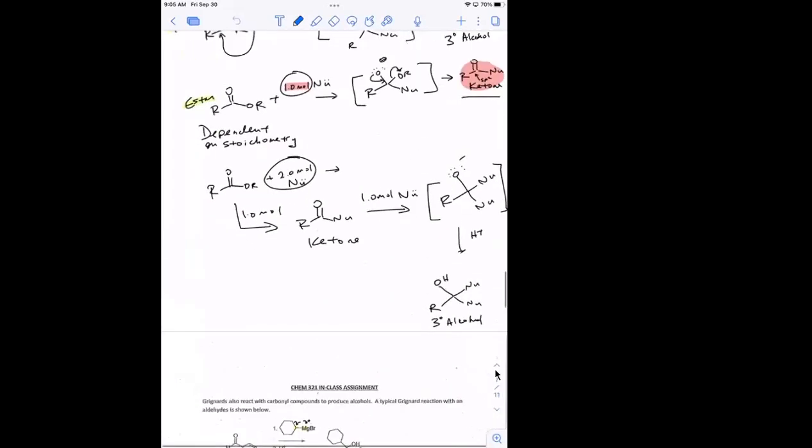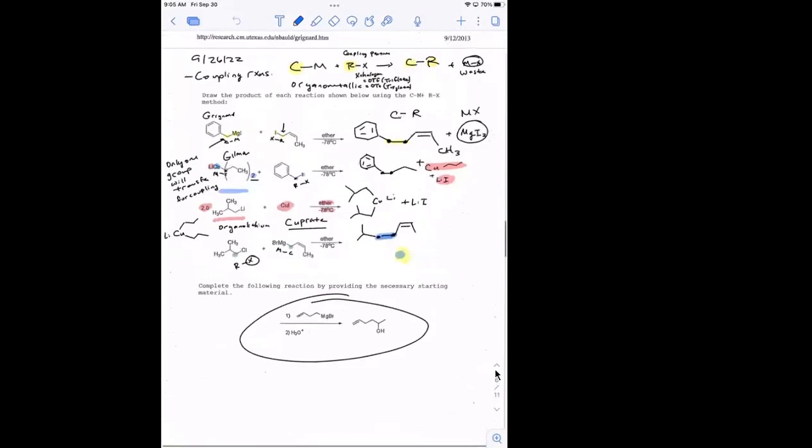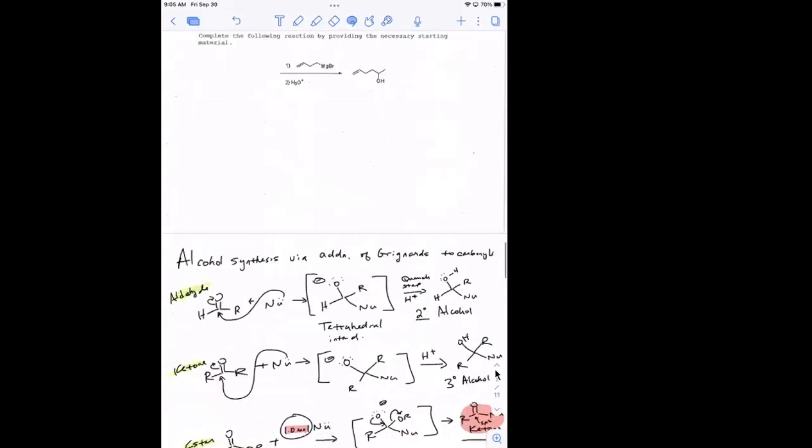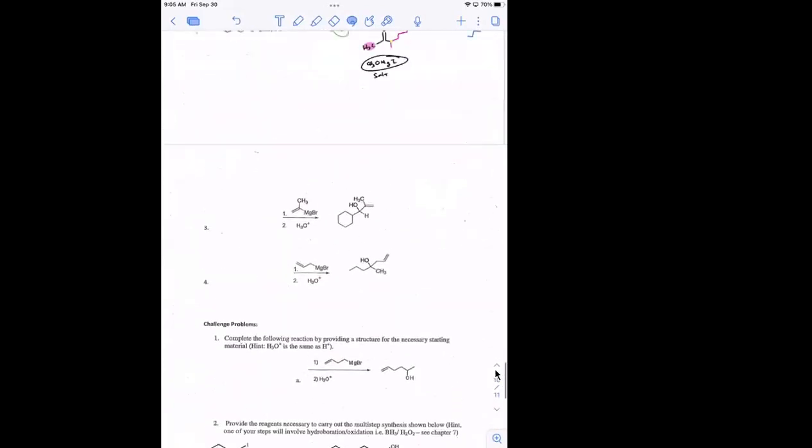I'm going to go back to a problem here. I'm just going to cut it and put it on another page.